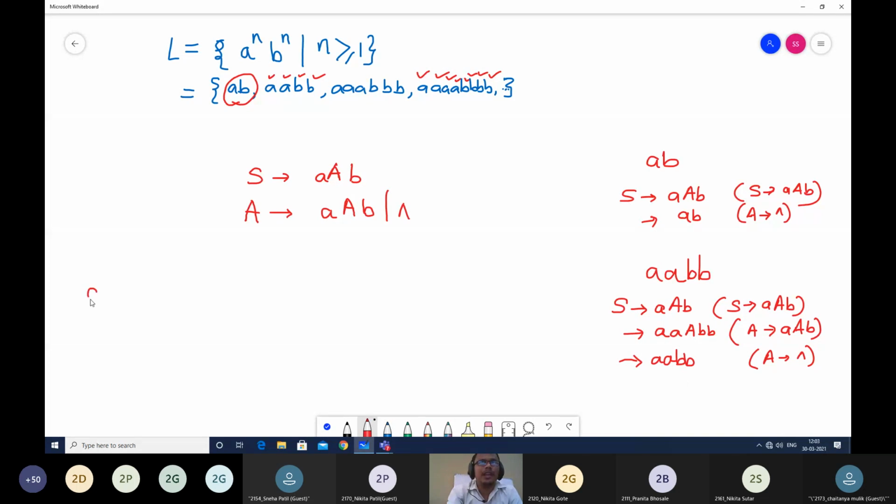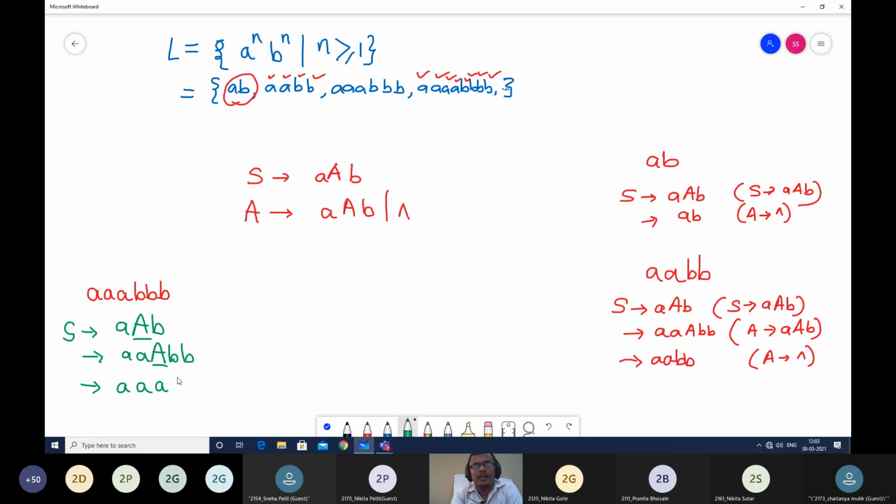Suppose I give you a string like 3 times a, 3 times b. Then what will be the first production rule that you apply? First will be S gives aAb. Next will be A gives aAb. Then I want 3 a's. So again A gives aAb.